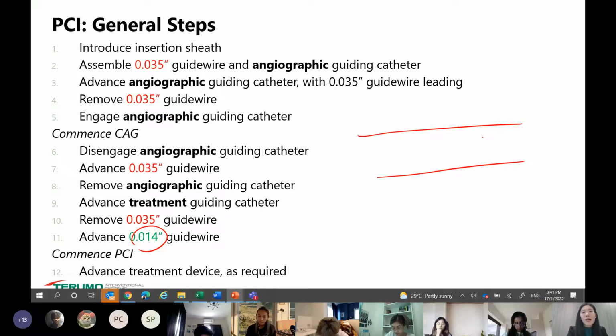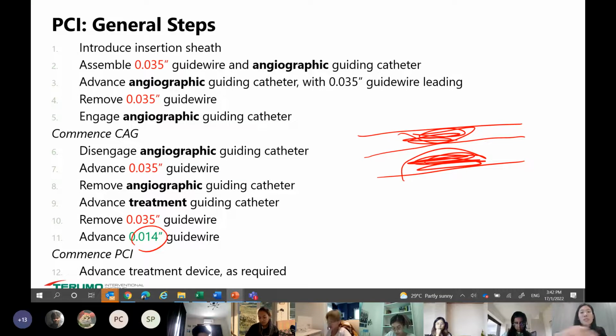You remember the lesion could be quite tight, so you need to go past it. This fine wire does that. It provides a track, like for trains, so that the treatment device can go over this wire and through the lesions to treat this lesion.